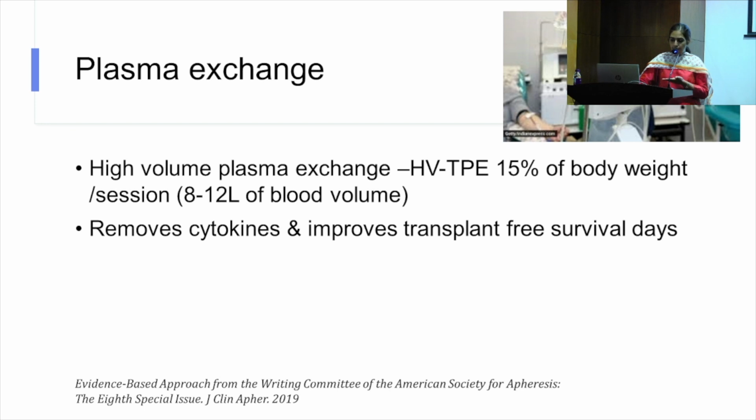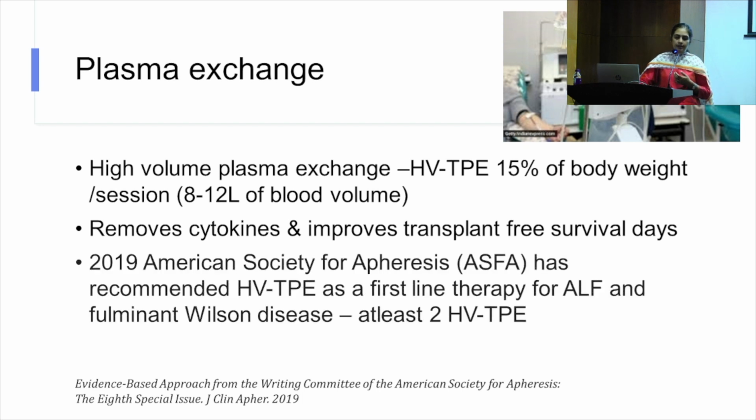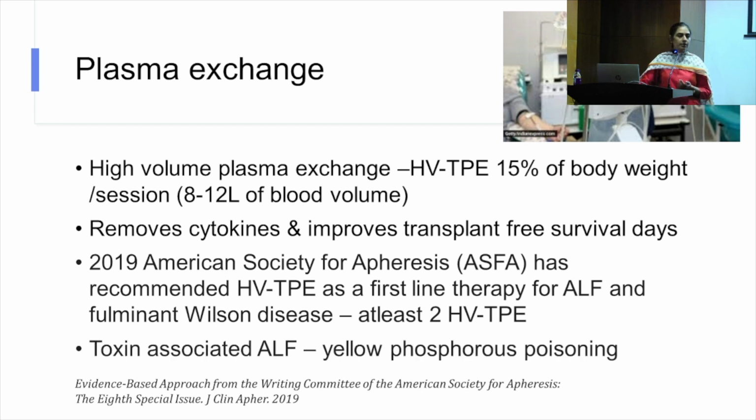So that's the evidence from the 2019 writing committee for apheresis. The 2019 committee for apheresis recommends it can be considered as a first-line therapy for acute liver failure, but I would say it definitely is indicated for acute liver failure in Wilson's disease, and especially with toxins, yellow phosphorus poisoning, that we commonly encounter, especially in metro cities where these patients are referred.